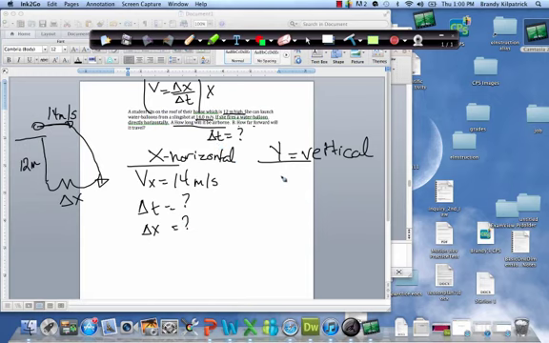In the y direction I have an acceleration, which is negative 9.8 meters per second squared. I also know that my height is 12 meters. So instead of delta x here, I'm going to say delta y, which just means it's moving in the y direction. It's vertical, and that's 12 meters. Since this balloon fell 12 meters, I'm going to assign it a negative value.